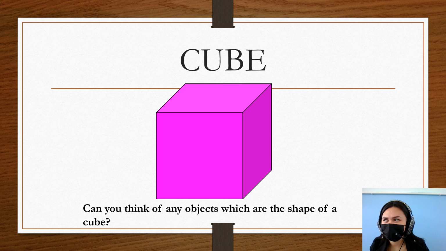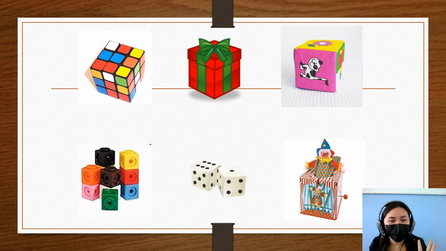Oh, these pictures are examples of a cube. A Rubik's cube, a gift, a toy, stuffed toys, a magic box or surprise box. And then this one is a domino. And blocks. Okay, these are examples of a cube.